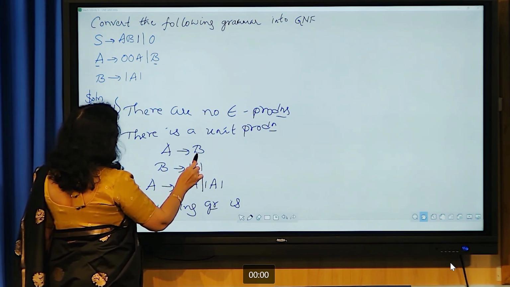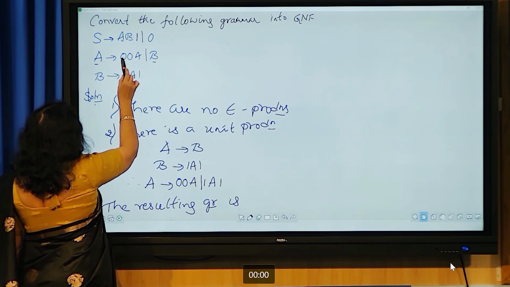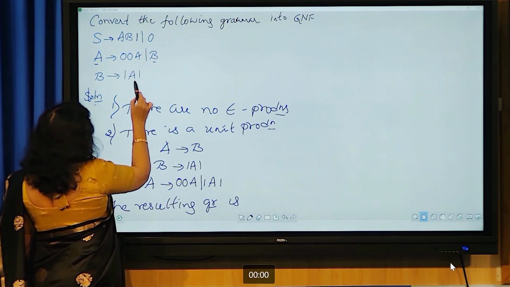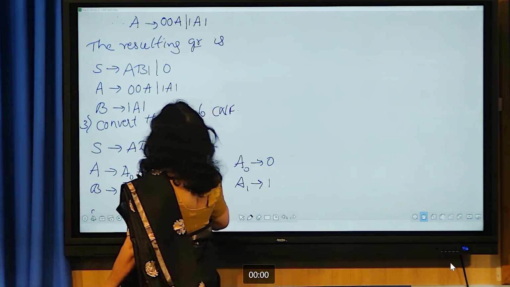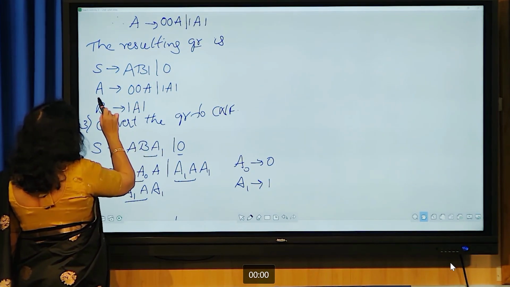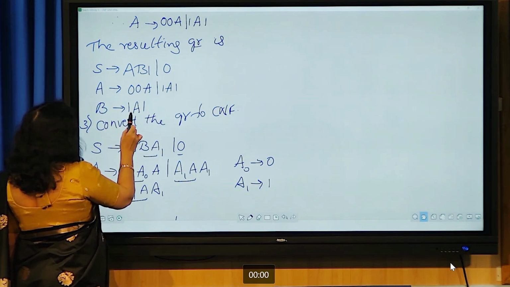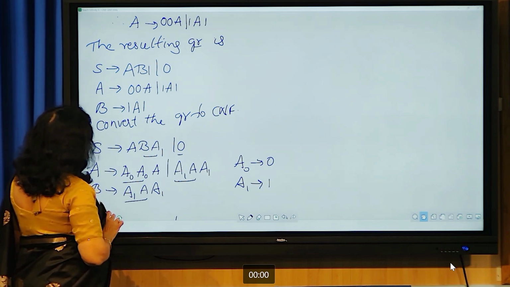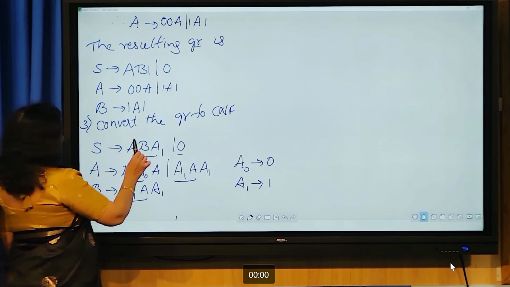So in place of this B, we are putting the actual B production. So A becomes 00A or 1A1. The resulting grammar is S produces AB1 or 0, A produces 00A or 1A1, B produces 1A1. Now we will consider this grammar and convert this into CNF.